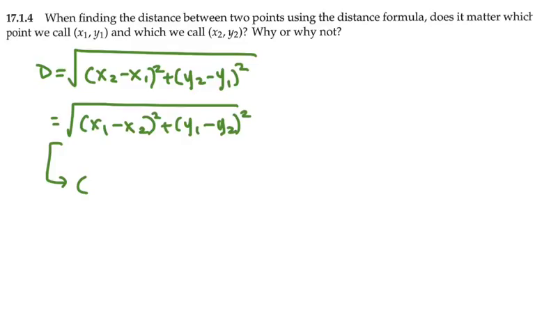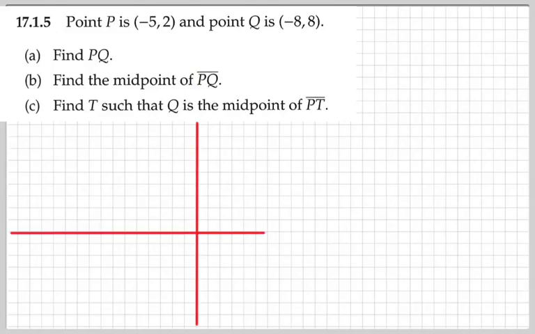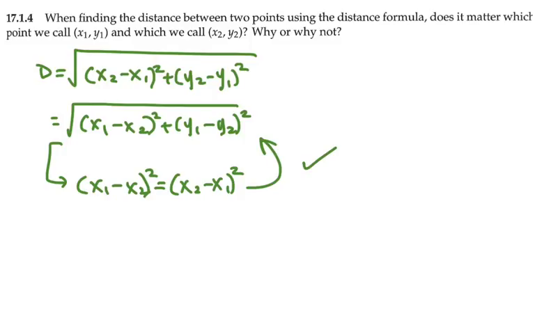But because we are squaring them, (x1 minus x2) squared has to be equal to (x2 minus x1) squared. Even though we switch the order in subtraction, when you square a term, no matter what the term was, it will always turn into positive or 0.